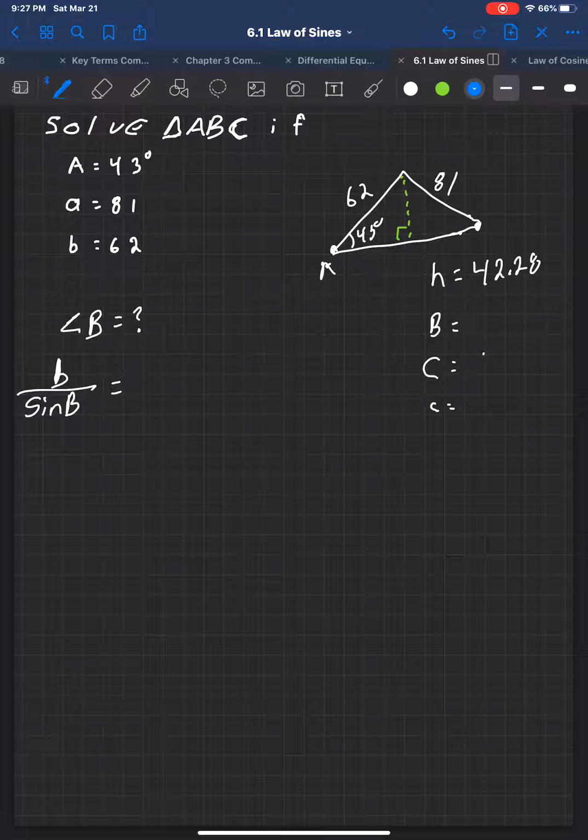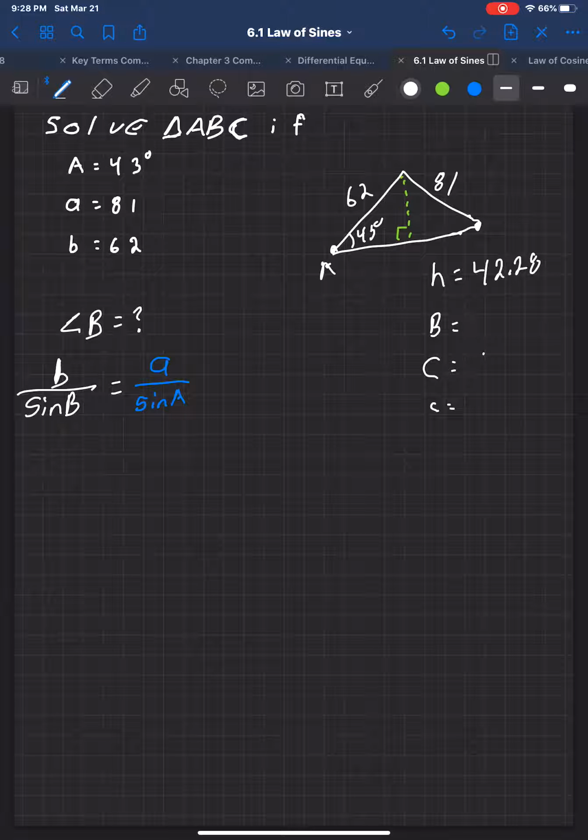I need to have the angle A and little a, or angle C and side C. I need to have both. In this case, I do have angle A and side A. So this is where I want to go with this problem.